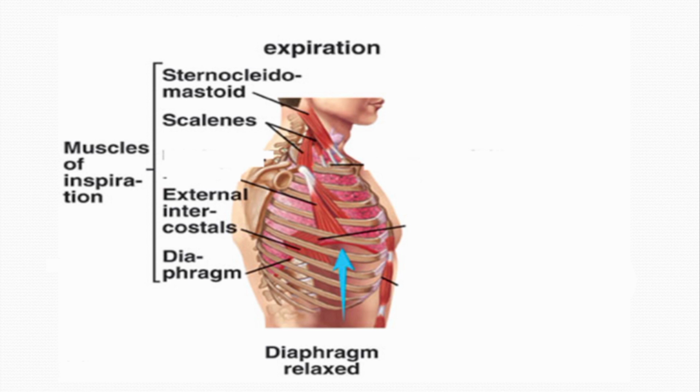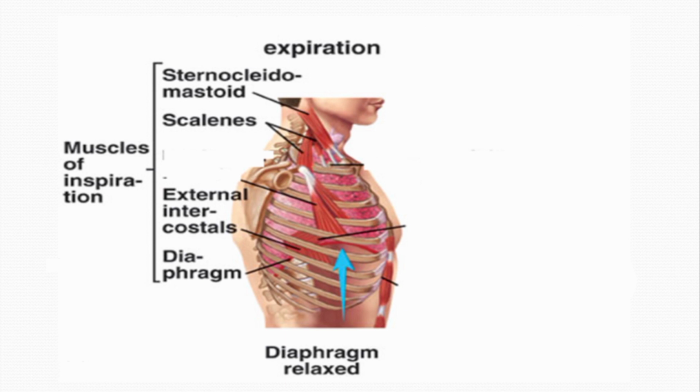When the volume of the chest cavity or thoracic cavity decreases, then what will be the effect on the pleural pressure? Yes, of course, the pleural pressure now becomes less negative. It had become more negative during inspiration, it had become minus 7.5, but it will now become again minus 5 centimeter of water. So, it will become less negative. So, what happens now? The lungs recoil, they just come back to their normal position.